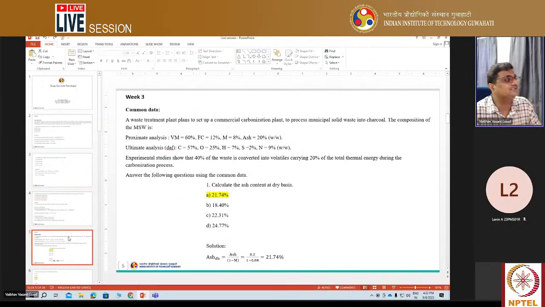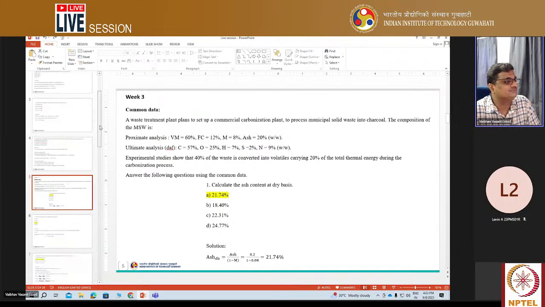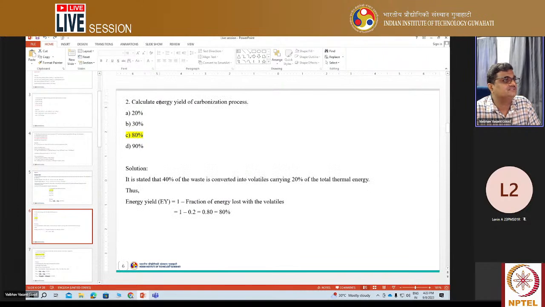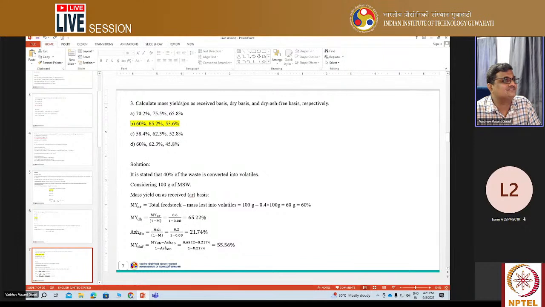Similarly, the week 3 here was mostly based on the charcoal, right? And how to calculate the ash content on dry basis. Here also the common data is given, and based on that 3 particular examples were asked to calculate specific quantities like ash content on dry basis, then energy yield of the carbonization process, and then the mass yield on as received basis, dry basis, and dry ash free basis.